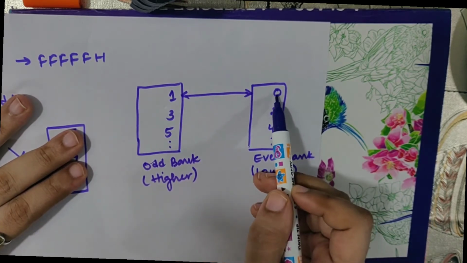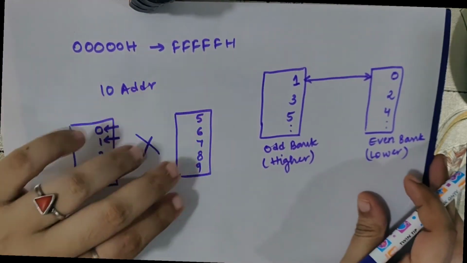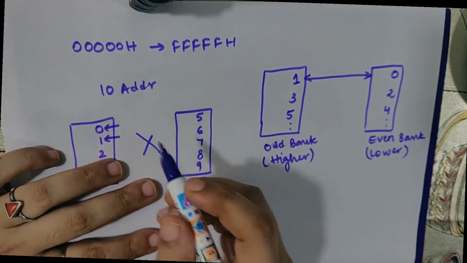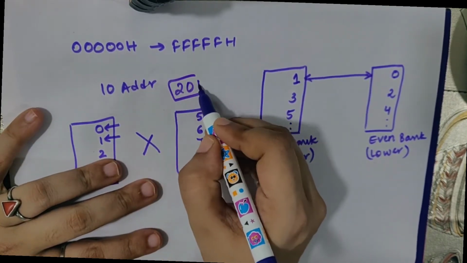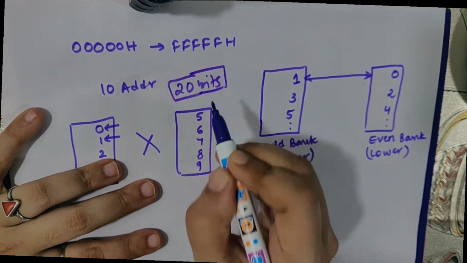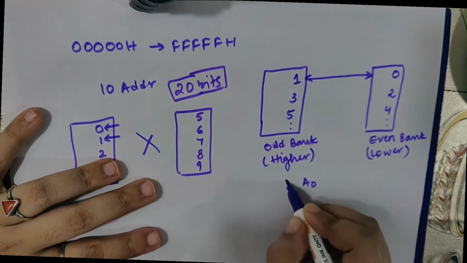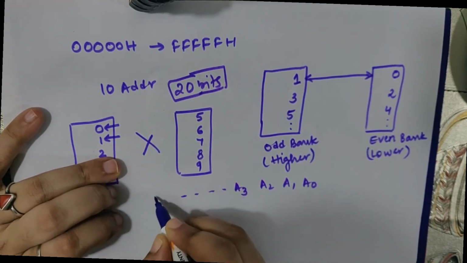Now we'll see how we can access two addresses together. If I see the address pattern in binary, there are 20 bits available for the address in 8086. Let's say those bits are A0, A1, A2, A3 up to A19.